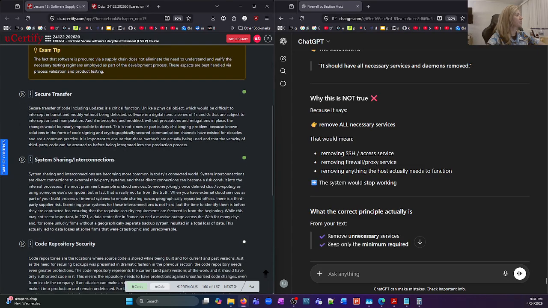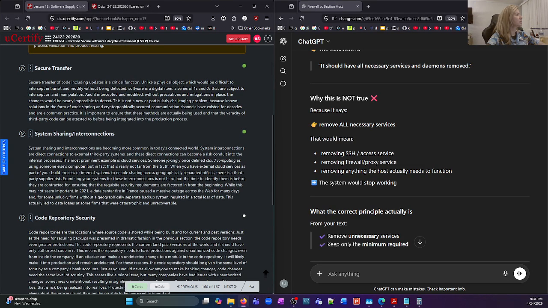Secure transfer of code, including updates and critical functions. Unlike a physical object, which would be difficult to intercept in transit and modify without being detected, software is a digital item, a series of ones and zeros that are subject to interception and manipulation, and if intercepted and modified without precautions and mitigations in place, the changes would be nearly impossible to detect.